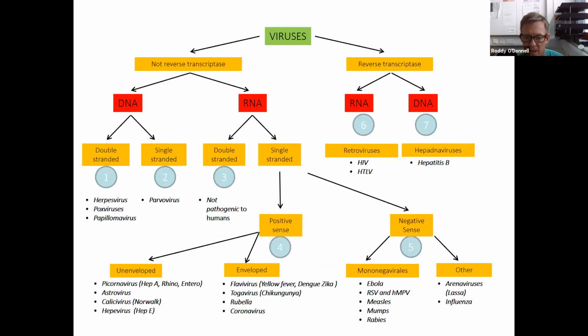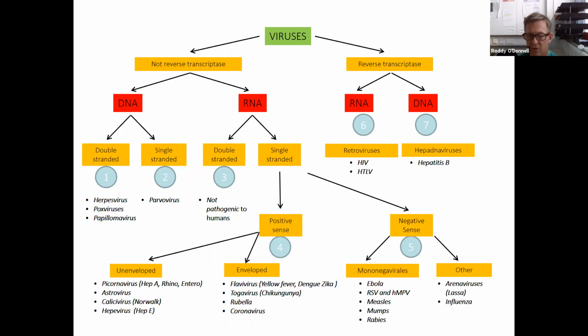And if we then look at that a little bit more blown up, you can see which viruses belong roughly to which families. So if we go down the DNA route, we can see where these big clunky herpes viruses and pox viruses and wart viruses are.